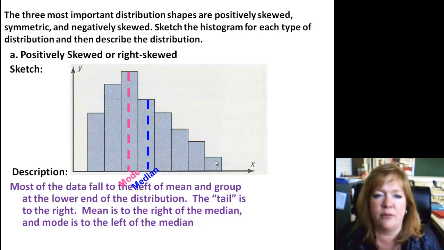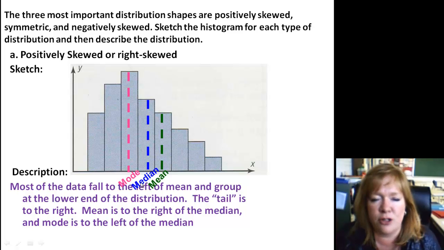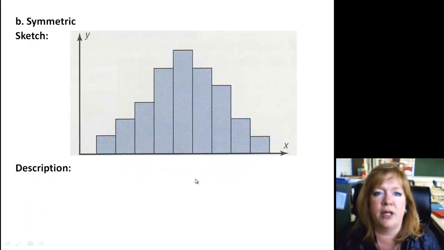The median would be there, and the mean would be there. So that's how those relate in this distribution. If you calculate these, you can tell whether your data is positively or negatively skewed by how they lie. Mean is to the right of the median, and mode is to the left of the median.